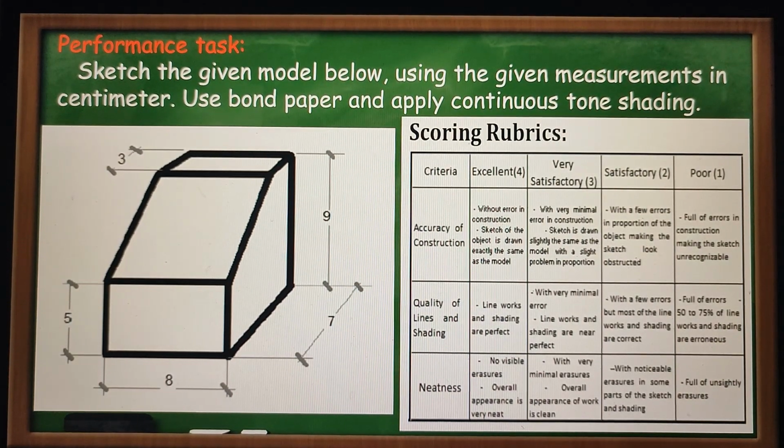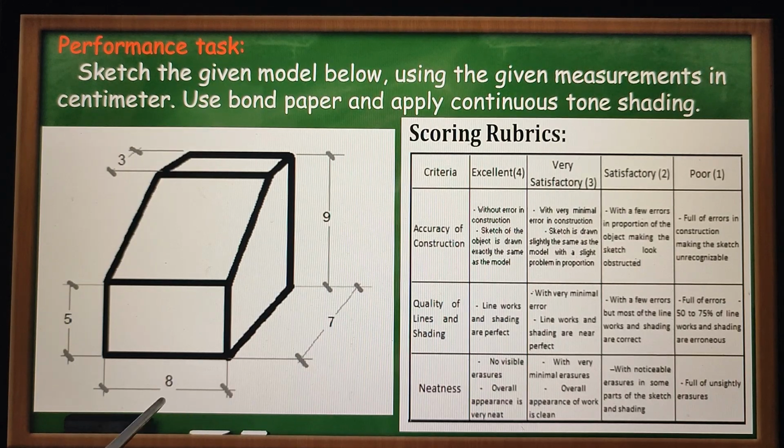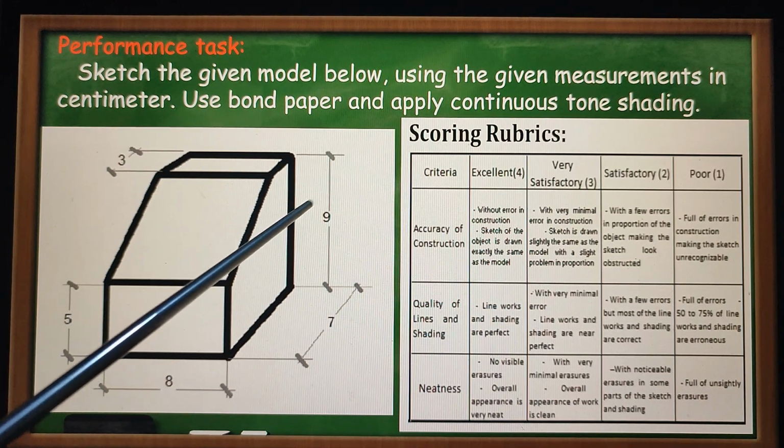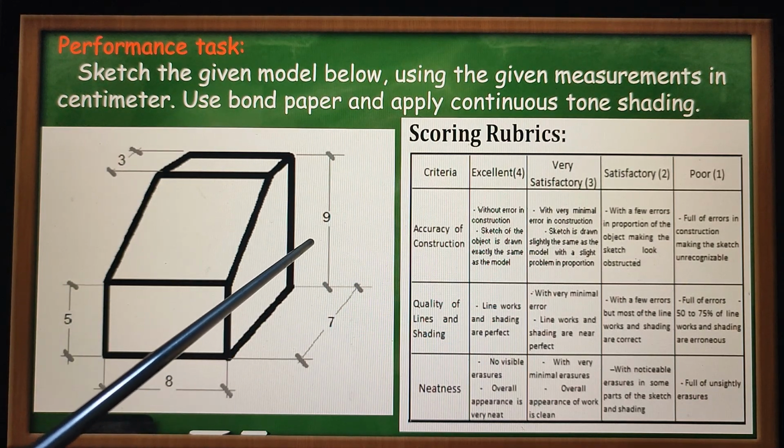The length of the object is 8 centimeters. The width is 7 and the overall height is 9.